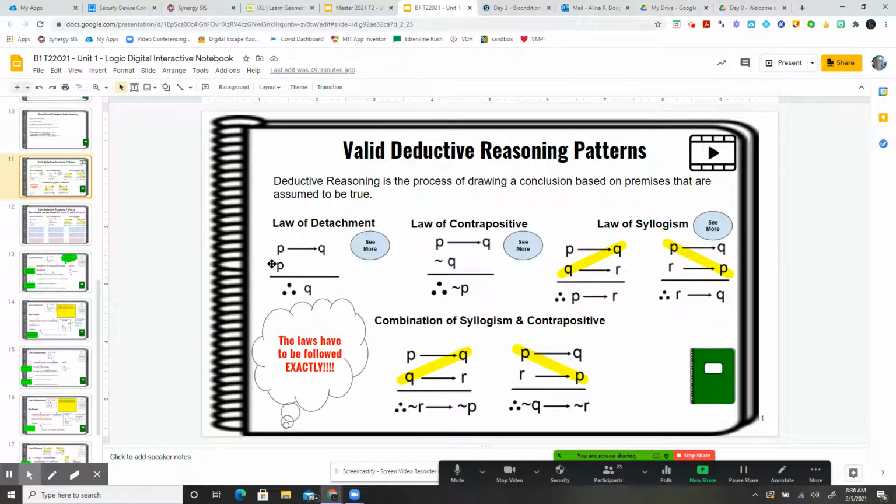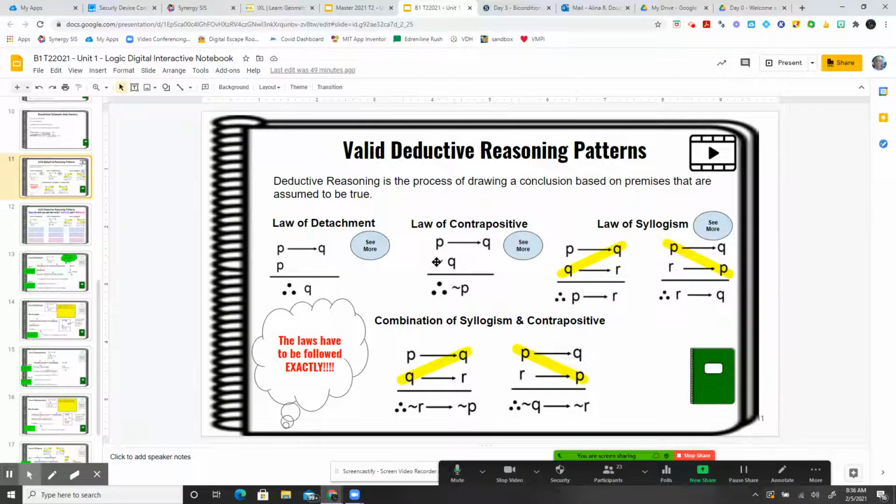In detachment, we're going to take a conditional sentence and break it into its 2 parts. The hypothesis is going to become a simple sentence. The conclusion is going to become a simple sentence, okay? Then we've got contrapositive. We already know that contrapositive means to switch and negate, right? So I take this compound sentence, if P, then Q, and I separate it again into 2 statements, but my first simple sentence is the negation of the conclusion.